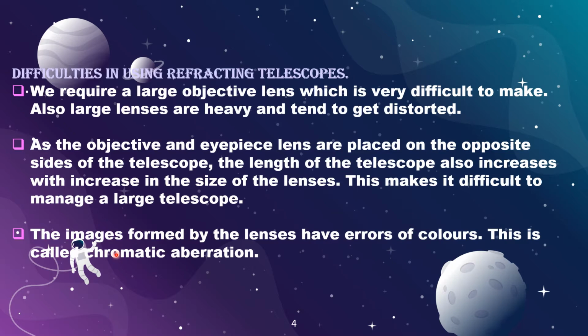Each light ray ends up at a different focus, and because of this the stars or planets, when seen through such lenses, are surrounded by rainbow colored halos. So we will not be able to see the stars and planets clearly because there are errors of color when we see the object. We call this chromatic aberration.